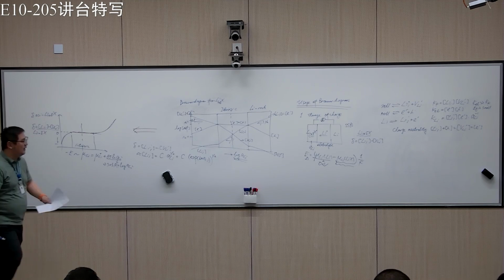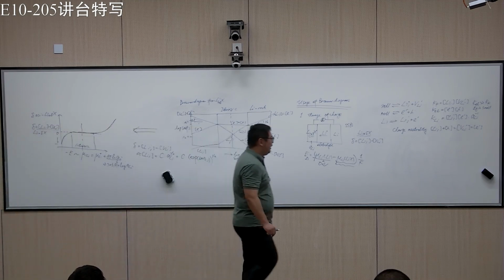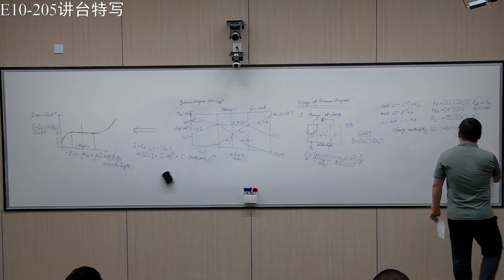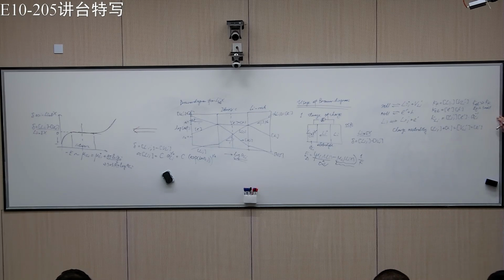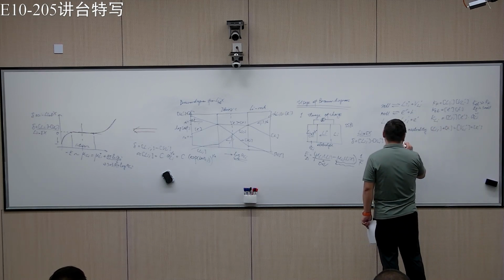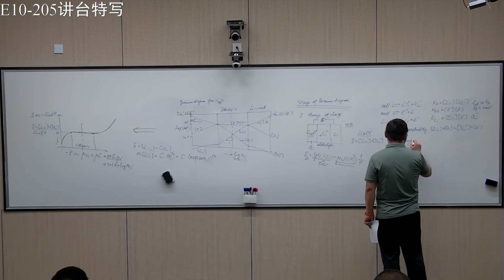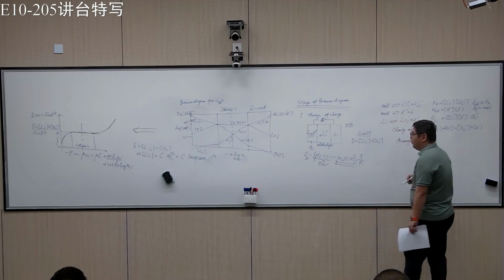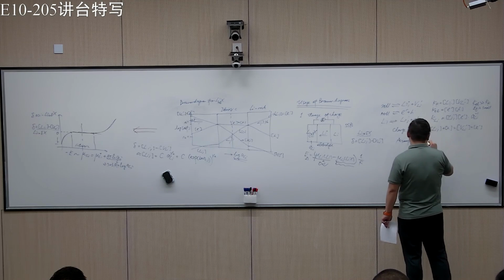The reason why is that there's a very important assumption when we already write these equations. Okay, so when we start to write these three equations, there's an assumption we already made, which is we assume dilute system.